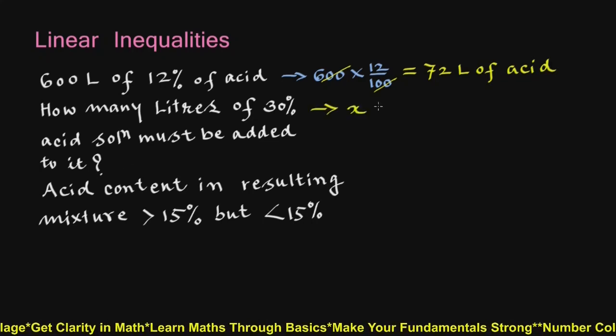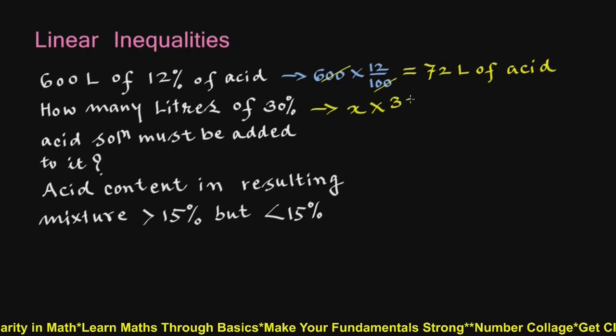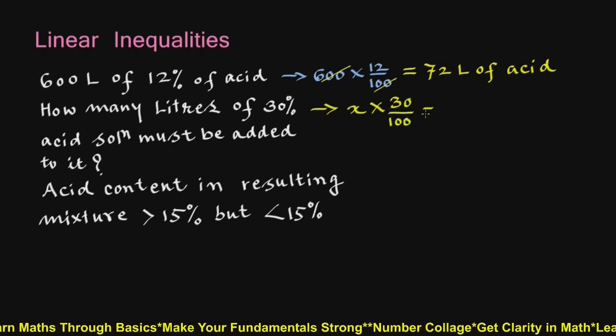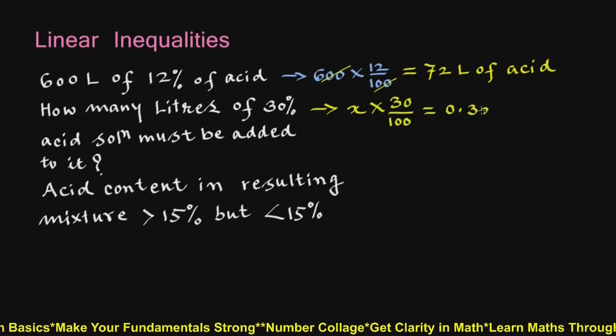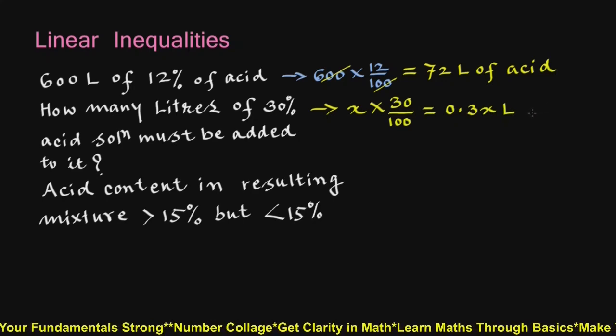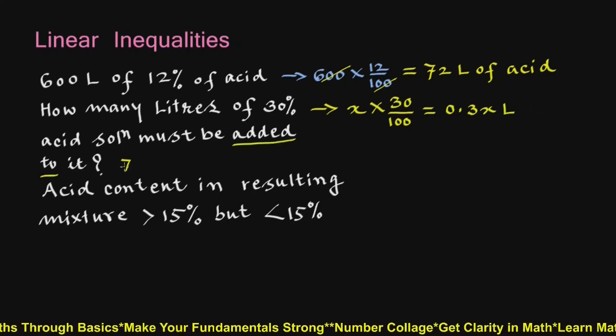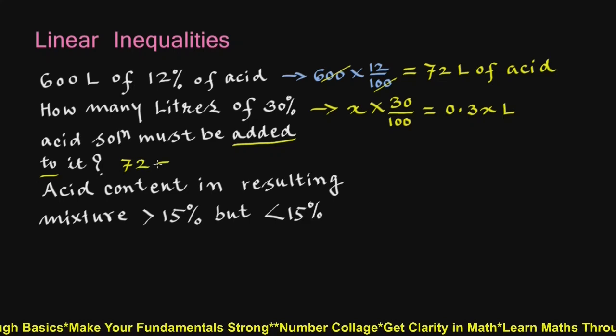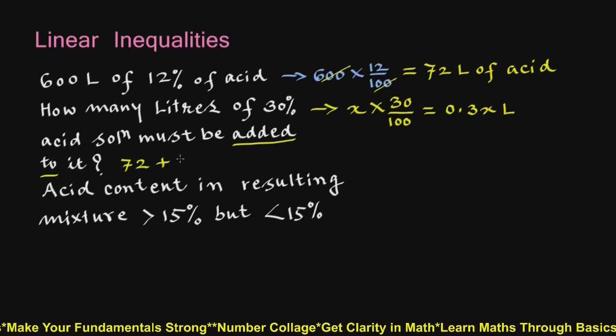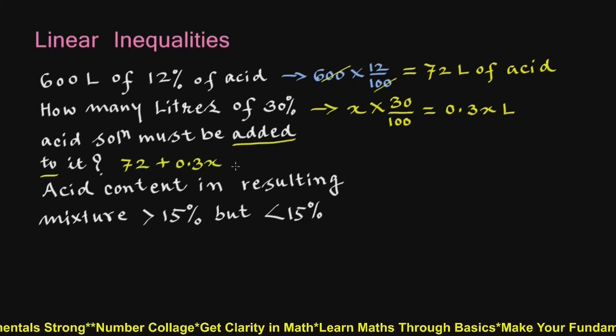Now let x liters of 30% solution, that is 0.3x liters of acid, be added to 72 liters. So that will be 72 plus 0.3x liters.